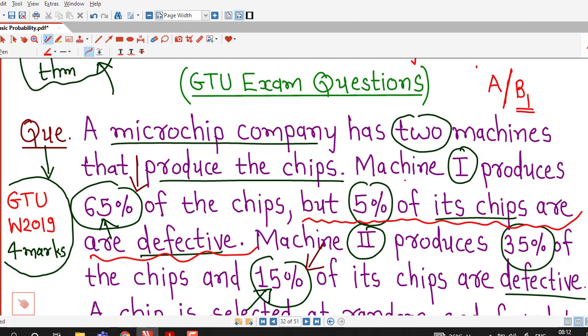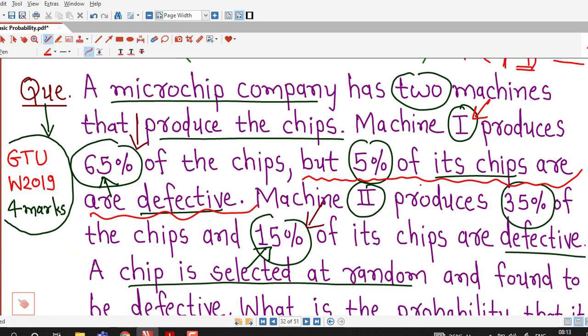It is given that 5% of the chips produced by machine 1 are defective. So the probability of A given B1 is 0.05.